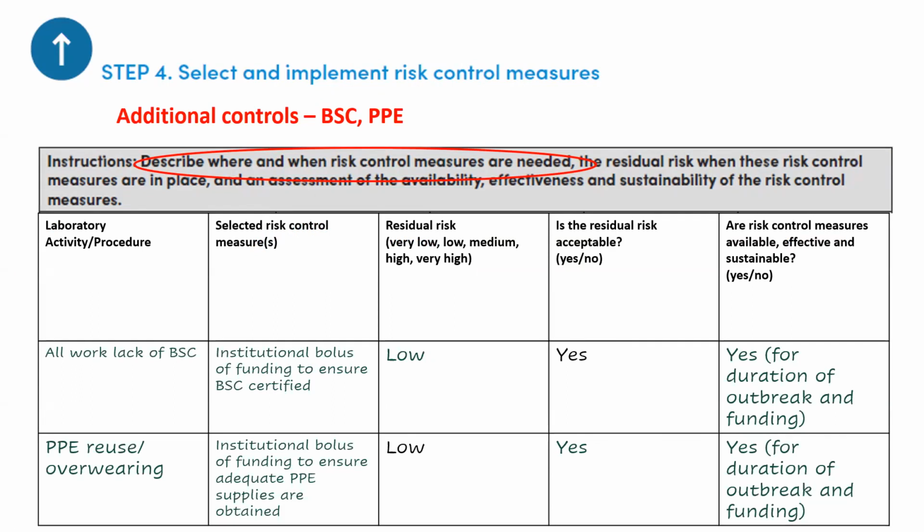So with this funding, they'll be able to not only get their BSC certified and be able to use it, but also they should have funding for adequate PPE moving forward and won't have to reuse. And so they've reduced their risk to low. Their residual risk is acceptable, and the risk control measures are available, effective, and sustainable only for the duration of the outbreak and funding. And that's the way that would probably play out.